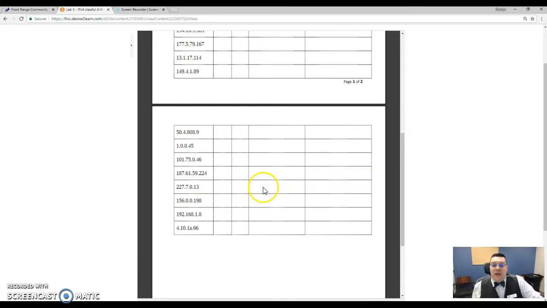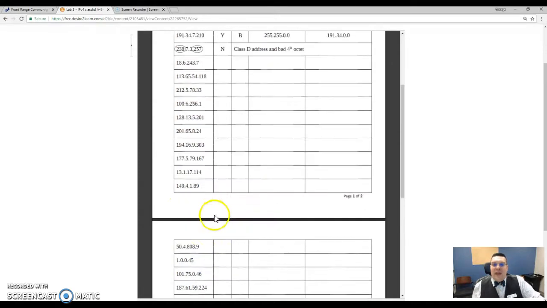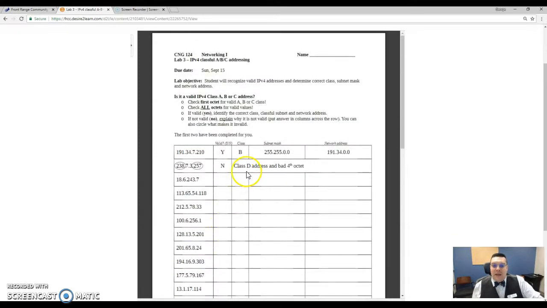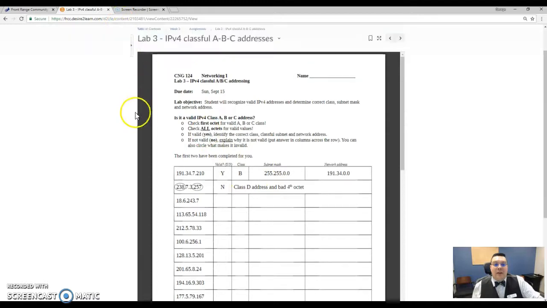If you put a 255.0.0, of course, it'd just be 27.0.0. But since it's a Class D, we can just assume that possibly 255.255.255.0. So yeah, if you're able to put it into a class, remember it is a valid IP. You just may need to figure out the subnet mask. And usually for the experimental and the multicast, it's usually up to the network admin.